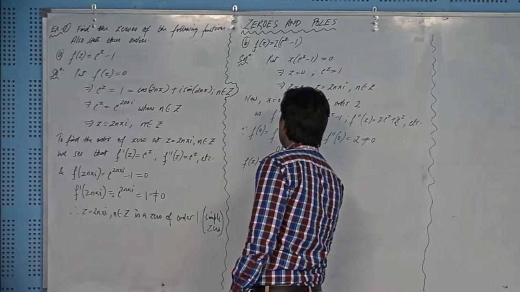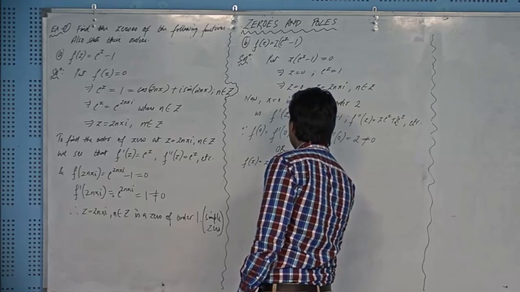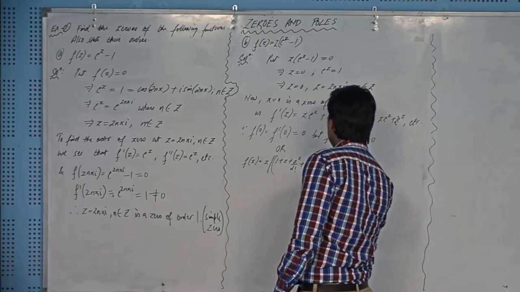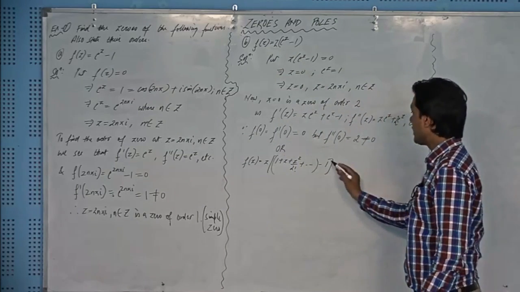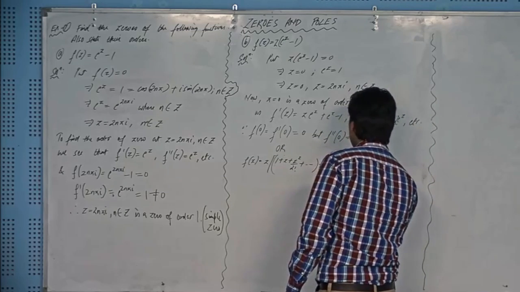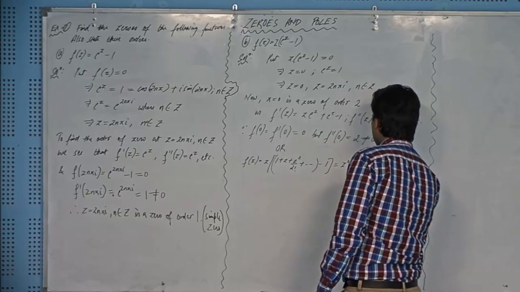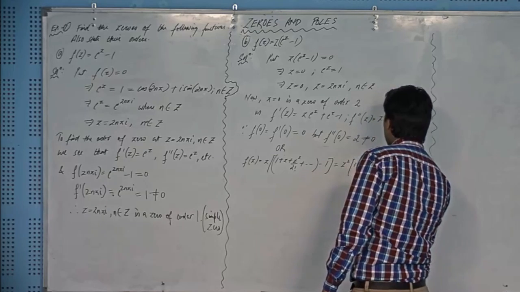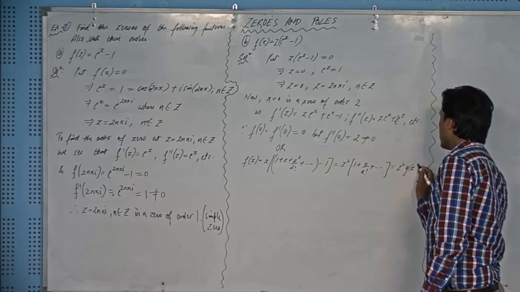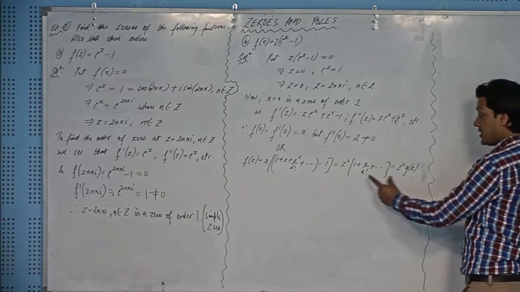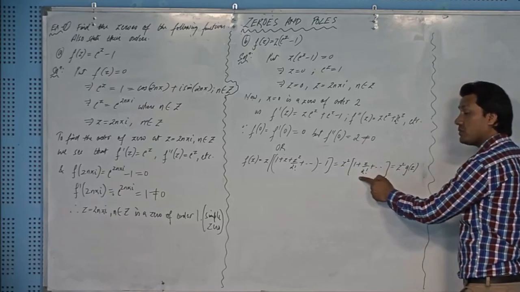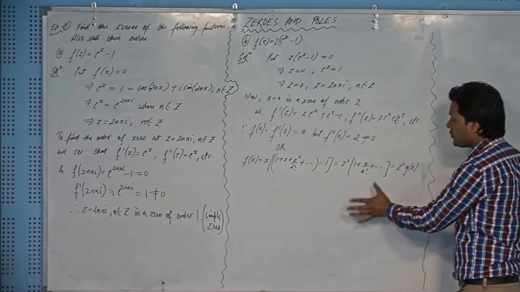Should I write it here in short using that series? f(z) equal to z times 1 plus z plus z square by 2 factorial and so on, right? Minus 1, using the expansion for this thing, then 1 and 1 will be cancelled, z will be out, it will become z square, and inside we'll have 1 plus z by 2 factorial and so on, right? You can say that this is z square into g(z), right? And obviously this g(z) has all non-negative powers of z, and it will be an analytic function, and it is not equal to 0 at z equal to 0.